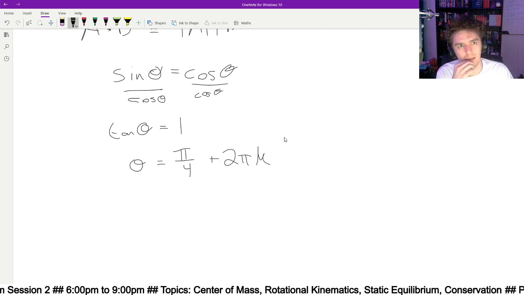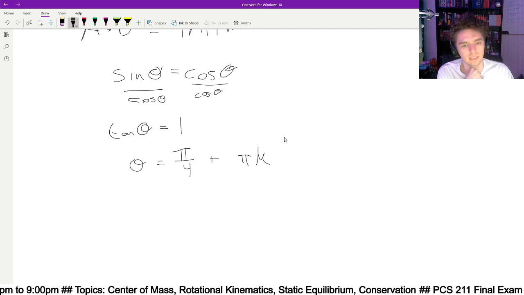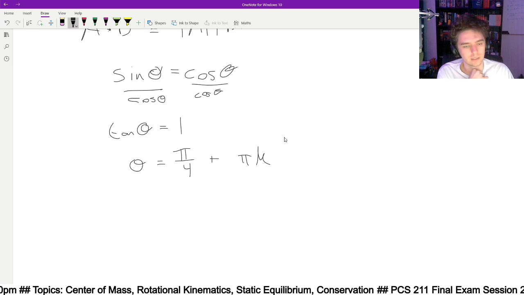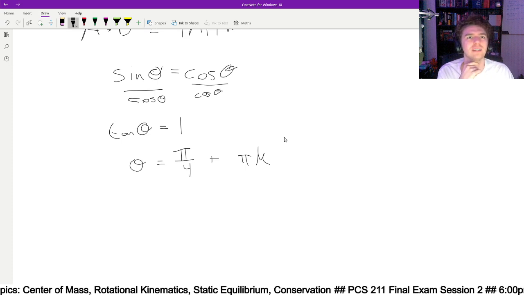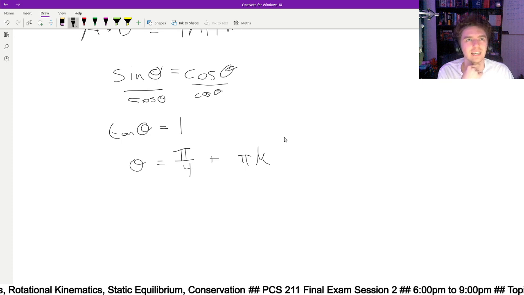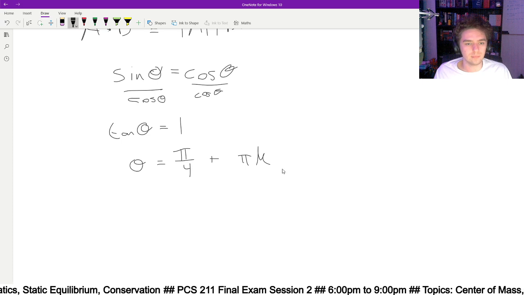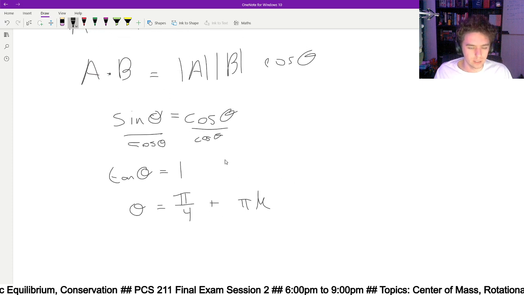Or is it just pi k? It's pi k for tan. Because the period is pi? Yeah, it should be plus pi k, because its period is pi. Sine and cosine is 2 pi. Okay, so there you go. So that's the answer to that.